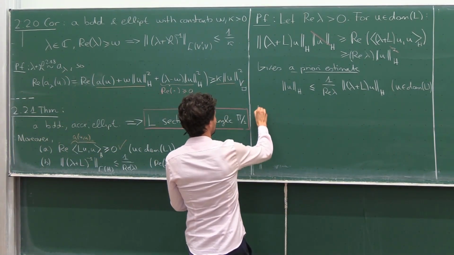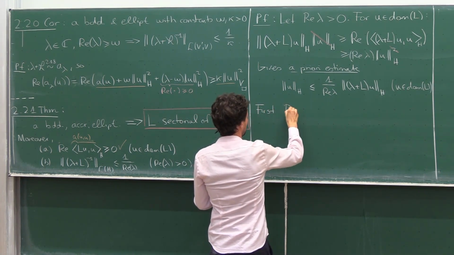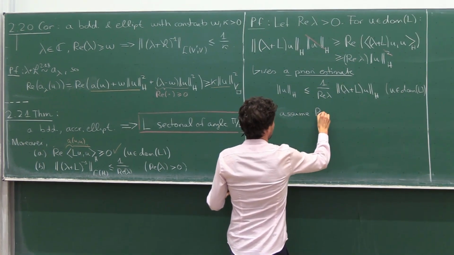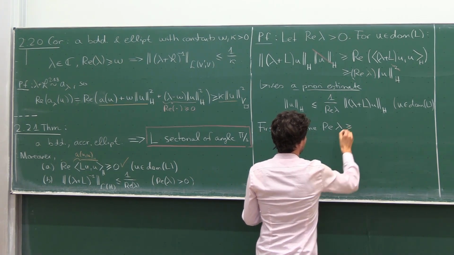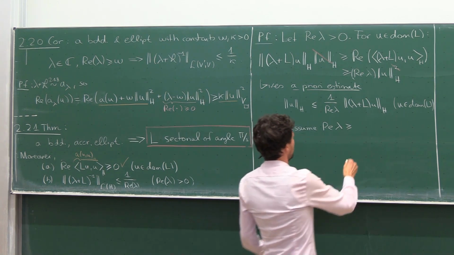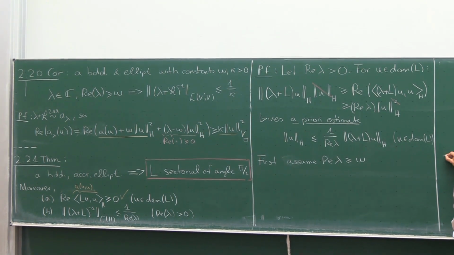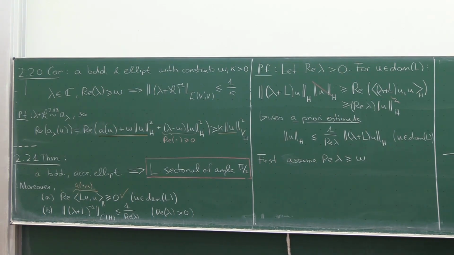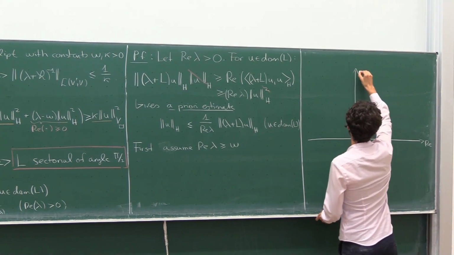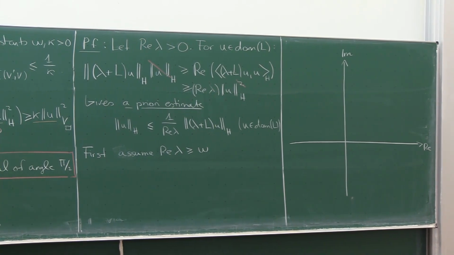Okay? And so in order to prove that some elements are in the resolvent set, I'm going to make a strong assumption, and temporarily I'm going to work only with numbers lambda, the real part of which is larger or equal to omega. Okay, and I'm going to make a drawing of the complex plane here that we're going to use from time to time. Okay, so what happens here?